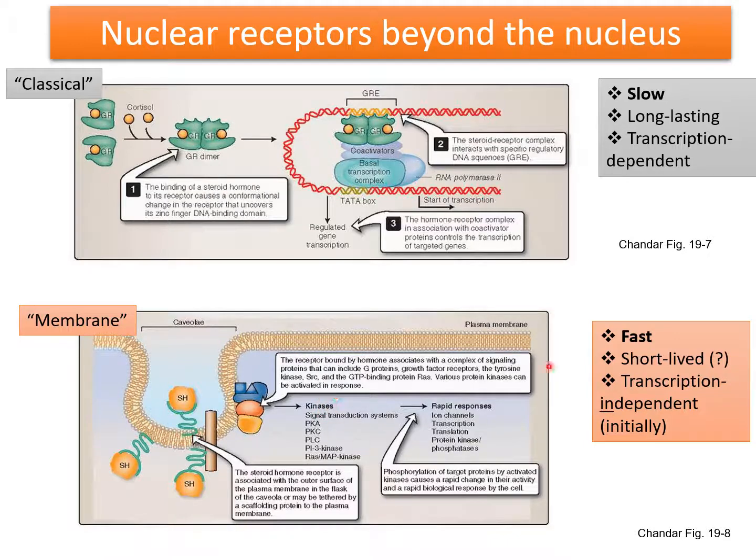But the quick response is going to be fast, it's going to be short-lived, it doesn't rely on transcription, it's just going to be the activation of these kinases, activation of proteins, and then once they get into the nucleus and do their thing, you get the slow, long-lasting response, and it'll be sort of changing the gene expression profile of that cell.